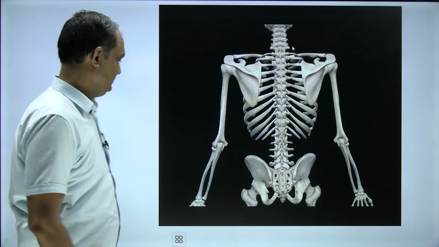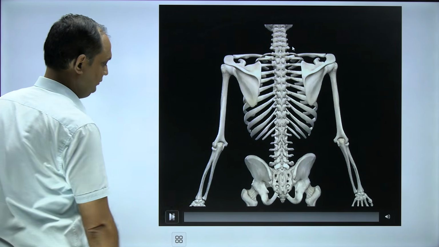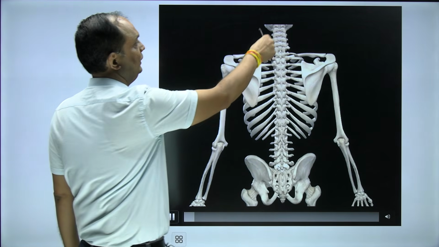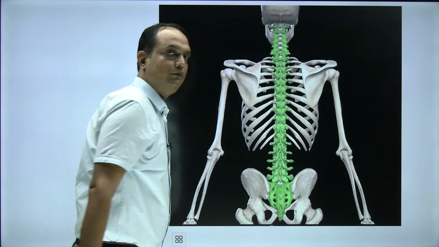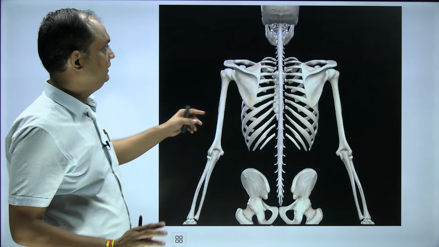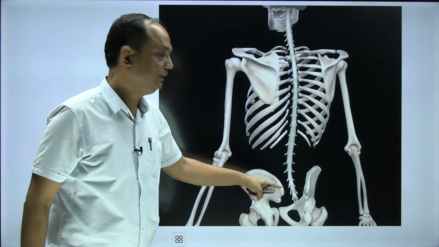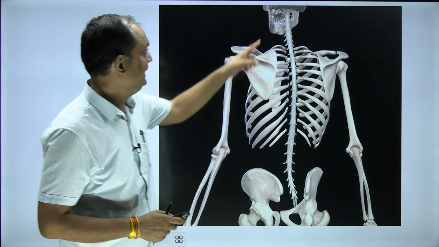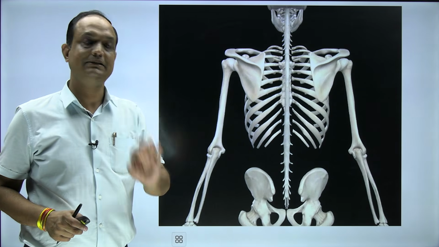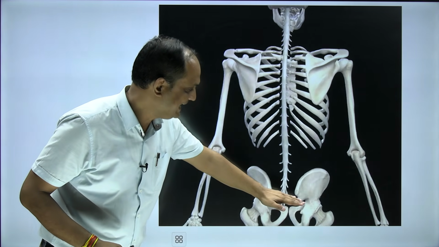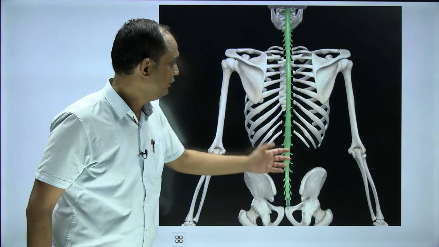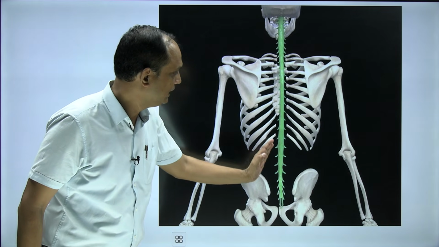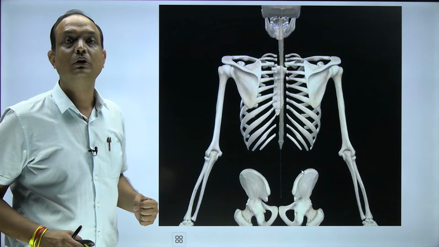In this video clip, what you can understand is that this is your vertebral column. Now if we remove the vertebral column, you can see the dura mater. You know that the length of the dura and the length of the arachnoid mater are similar, going up to the second sacral vertebra. If you remove the dura, the arachnoid mater will also disappear.